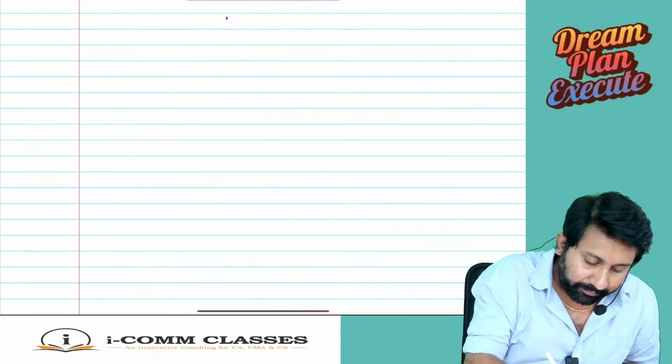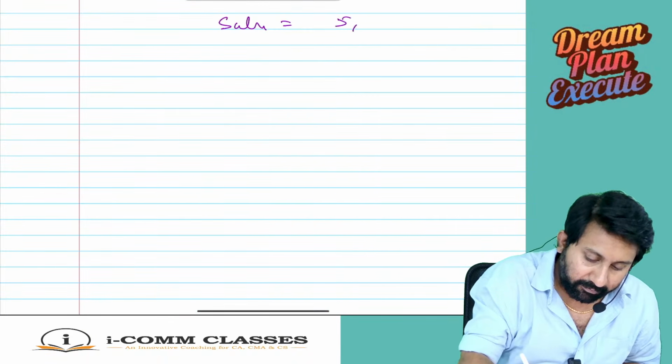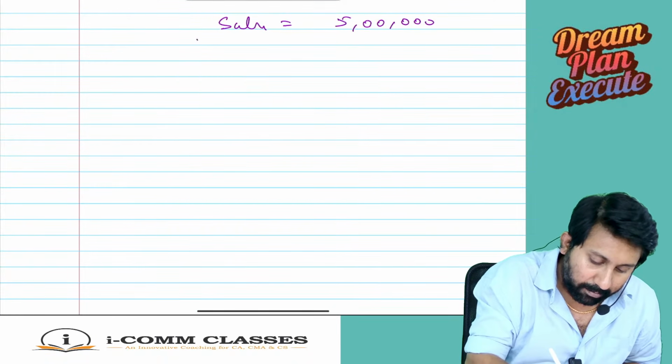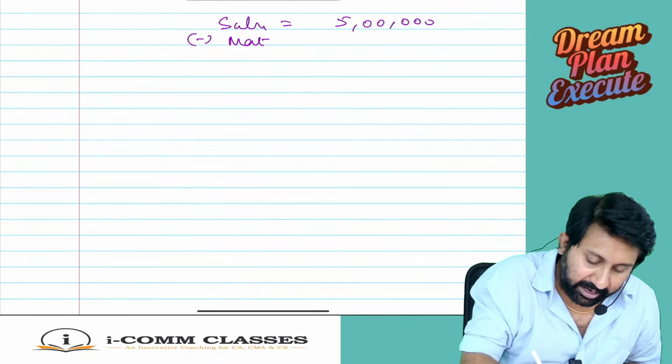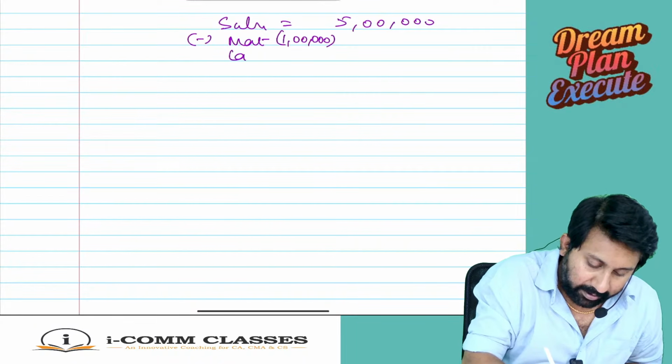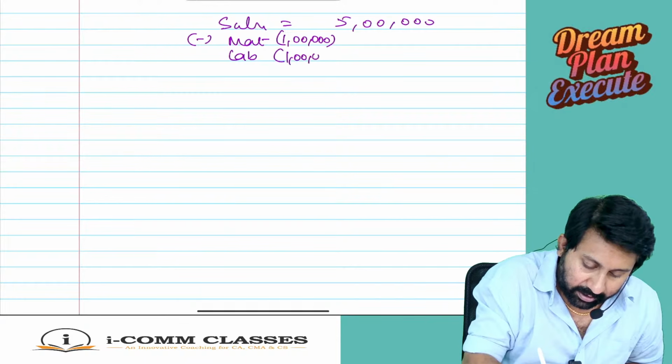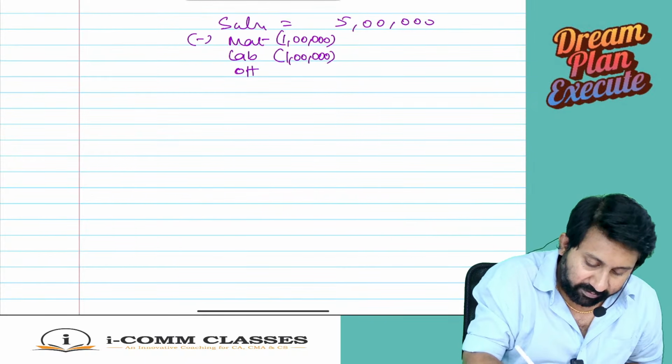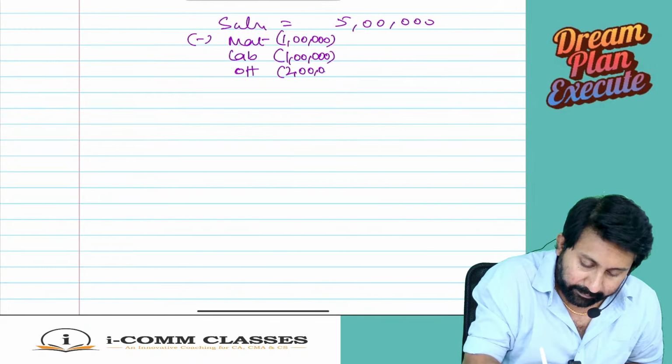Okay, now listen carefully. Please see the screen. Sales 5 lakh, minus material 1 lakh, labor 1 lakh, overheads 2 lakh.